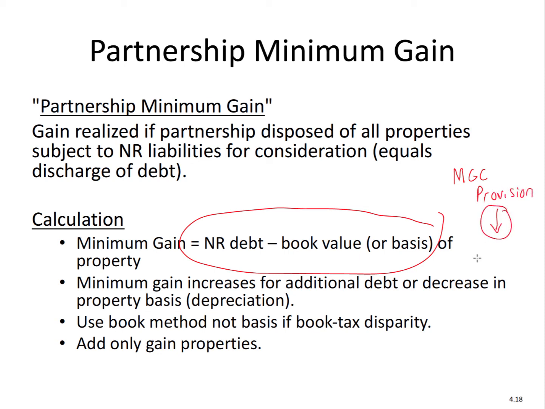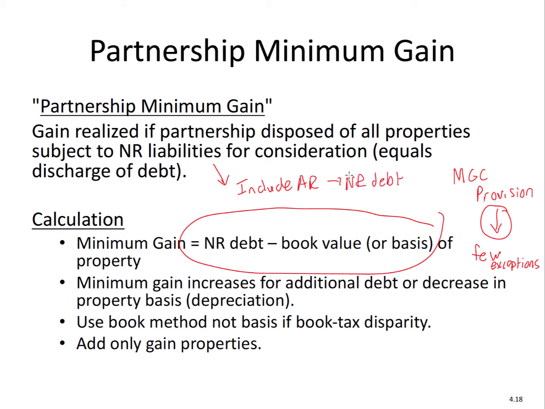Now there are a few exceptions to that, and I'm going to talk about those briefly when we talk about other items, but that's really important. Partnership minimum gain is the gain realized if the partnership disposed of all property subject to non-recourse liabilities for consideration. Remember, the idea is that under Tufts, you have to include in the amount realized the full amount of that non-recourse debt. That's how it creates that gain.